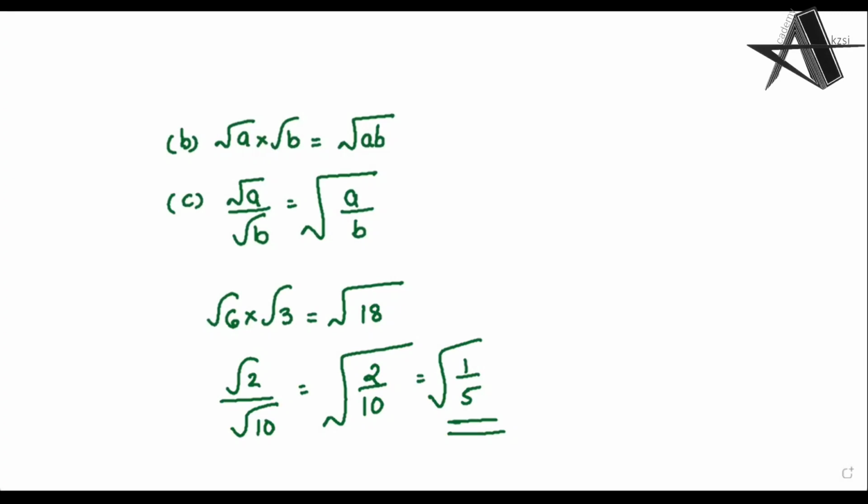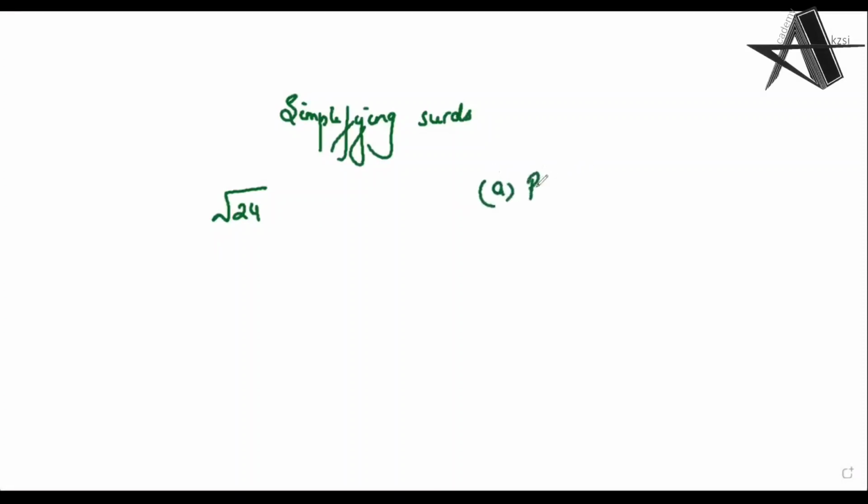Now coming to the simplification. Simplifying surds. Suppose it's given as root 24 and you want to simplify it. If it can be simplified further, it is best to simplify it. So the first step in simplification is to prime factorize the base number.